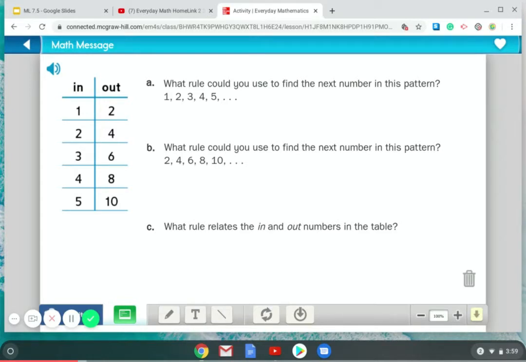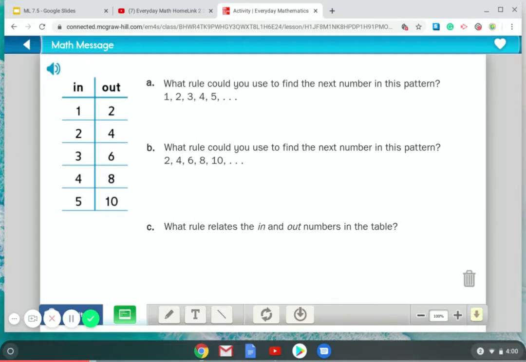Now, these terms are corresponding, and they have relationships that we're going to begin to explore in more detail. So let's start off with A. I'm going to read A, B, and C, and then I'm going to give you some time to think about these prompts, questions, and have you respond in your notebooks or on your Google or ConnectEd platform. So here we go. A, what rule could you use to find the next number in this pattern, this sequence? 1, 2, 3, 4, 5.